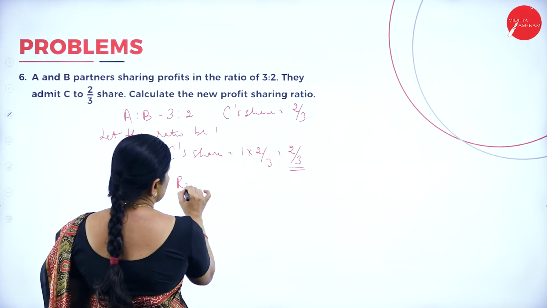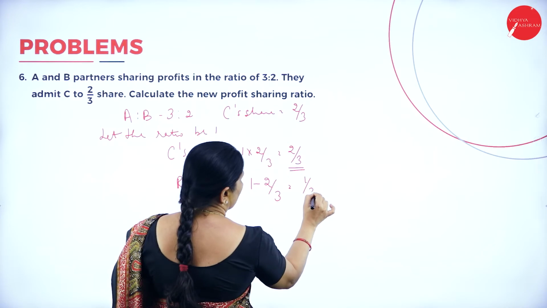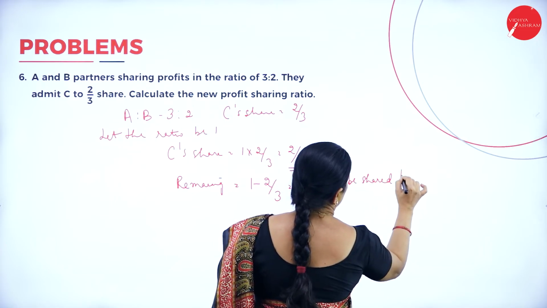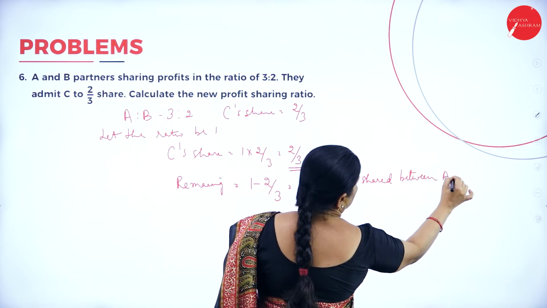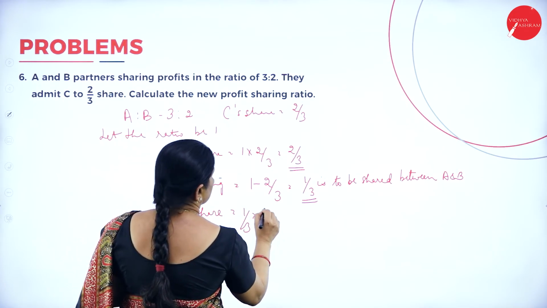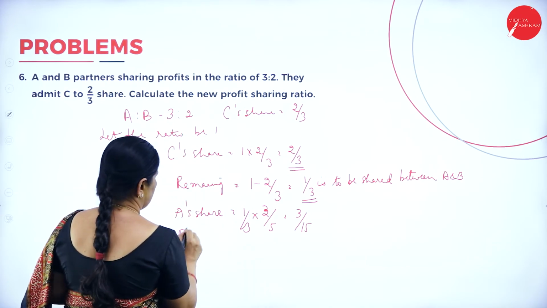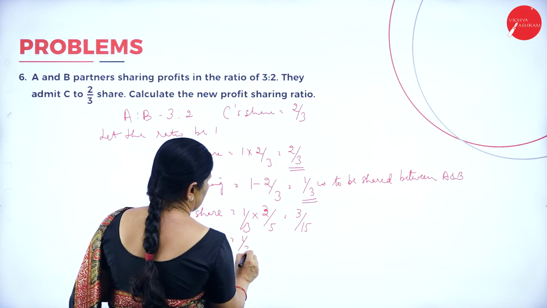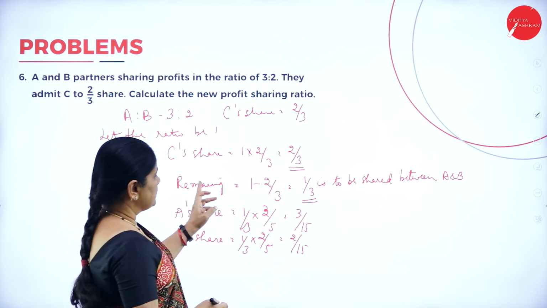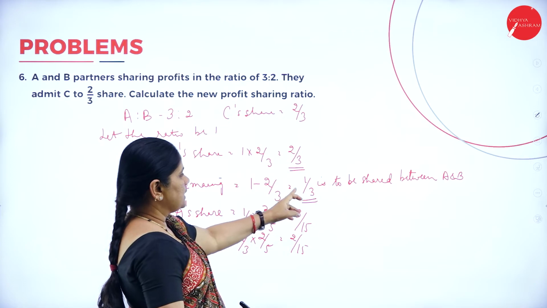The remaining share will be 1 minus 2/3, that is 1/3.